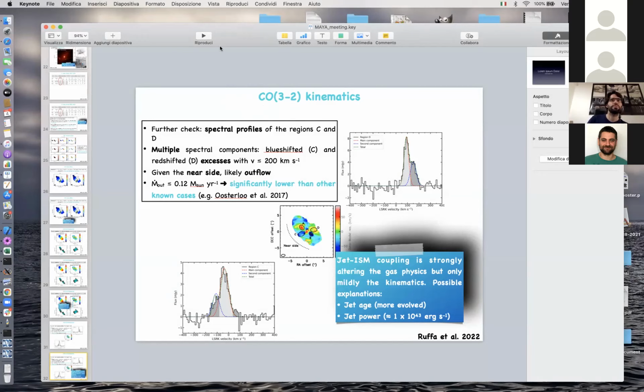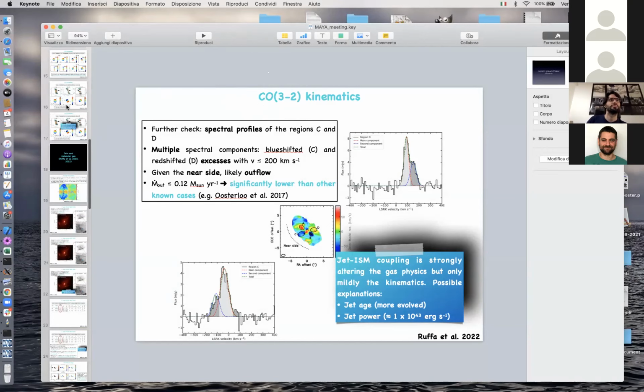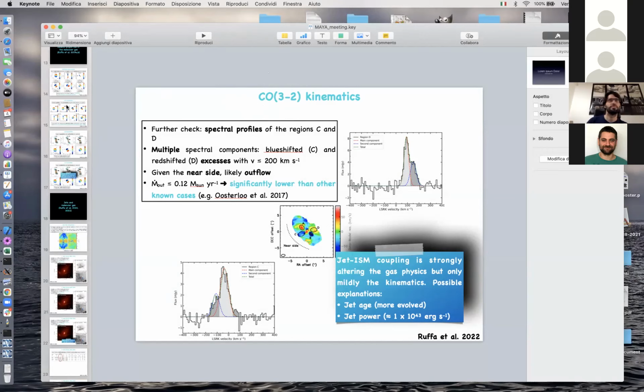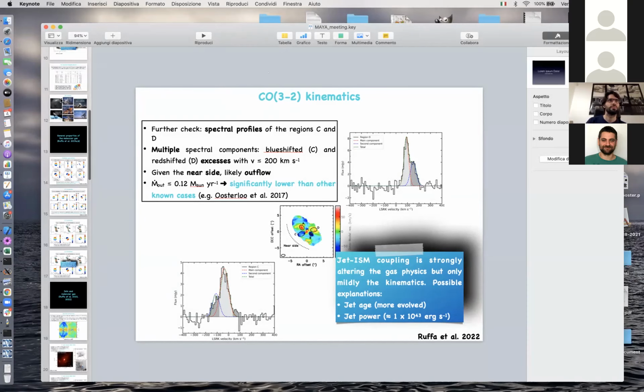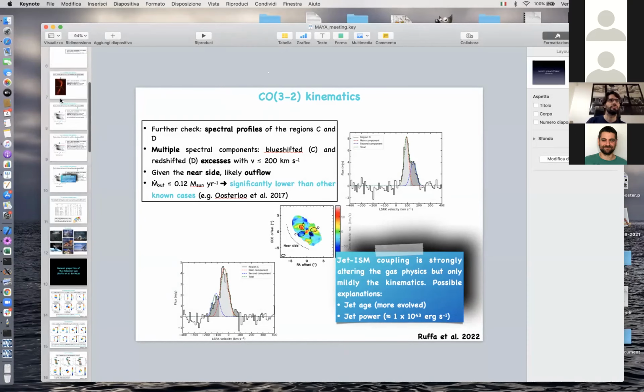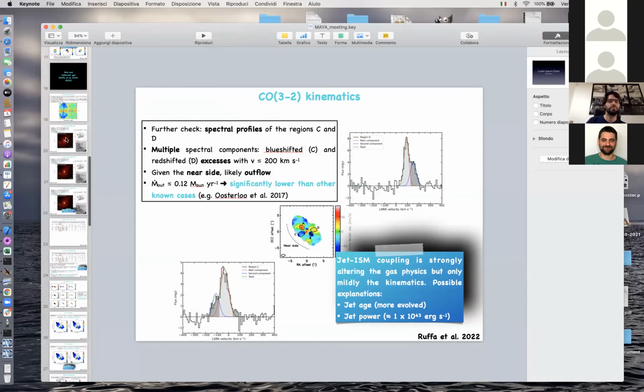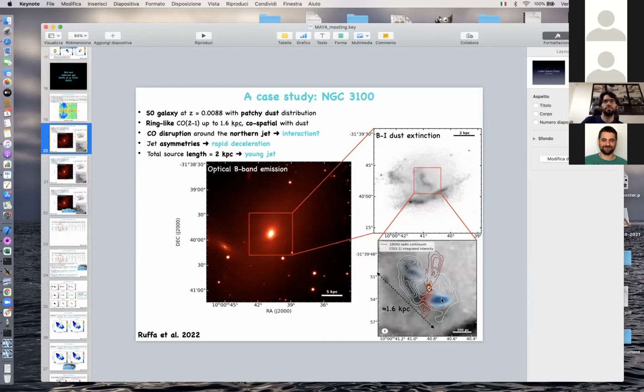I'm not sure I understood the question, but I think it is an effect of the projection of your contours towards the colors image. So the ring is surrounding the center, or is coplanar to the jets? No, it's surrounding the center. So at least we think that it is surrounding the center.